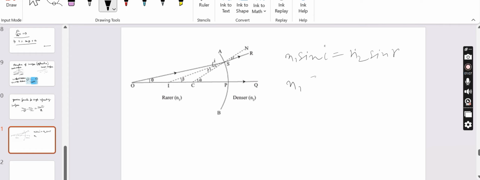So if we divide by sin alpha, n1 sin i by sin alpha is equal to n2 sin r by sin alpha, so this is i and this is r and this is the alpha.